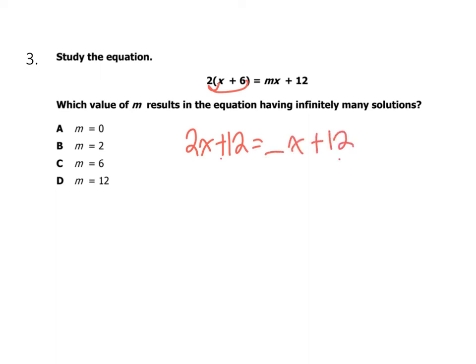So I want both sides to be the same, so I'm going to look at my answer choices and what number I can put in the blank here that will be the same as this one. 0 will not make the equation true. 2, if I put 2 right here, we have 2x plus 12 equals 2x plus 12. So that is your answer. 6 and 12 do not work.